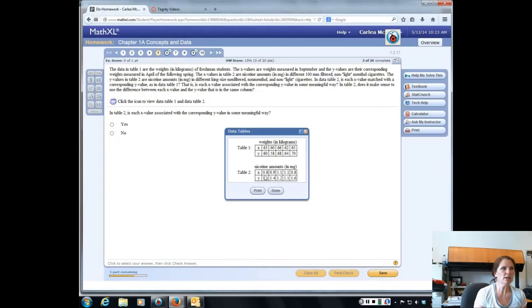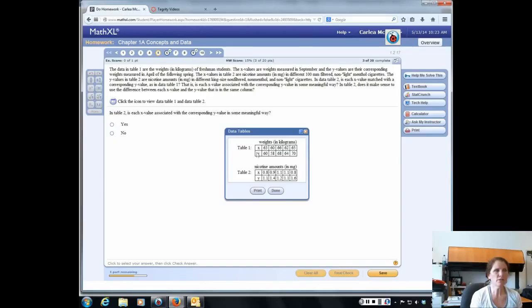And the second one talks about the X values in the table are nicotine amounts in different non-light menthol cigarettes. So that's what these are. And then the Y values are nicotine amounts in different king-size, non-filtered, non-menthol, and non-light cigarettes. So these are talking about non-menthol. These are talking about menthol.